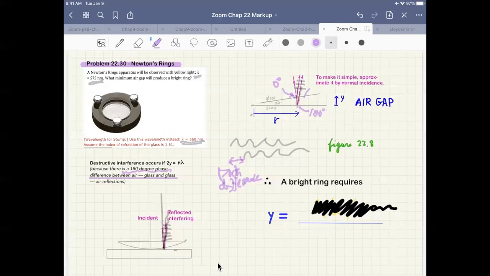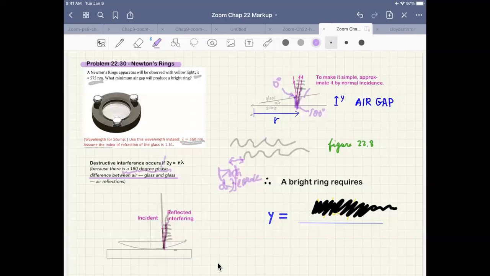Now the path difference will just be 2 times the air gap, because the extra distance that the second wave has to go is through the air gap and then out again. So it's got this extra distance 2y that it has to travel.